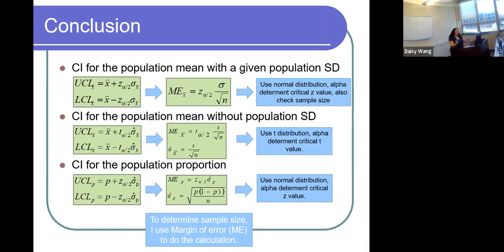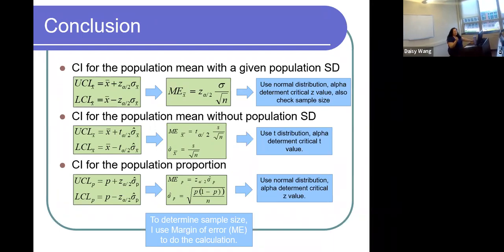So several conditions. The first one is when we know the population mean and we know the population standard deviation, it will follow the normal distribution, okay? But we should check the sample size, see if it's big enough. For the second one, we have the population mean, but we don't have the population standard deviation.